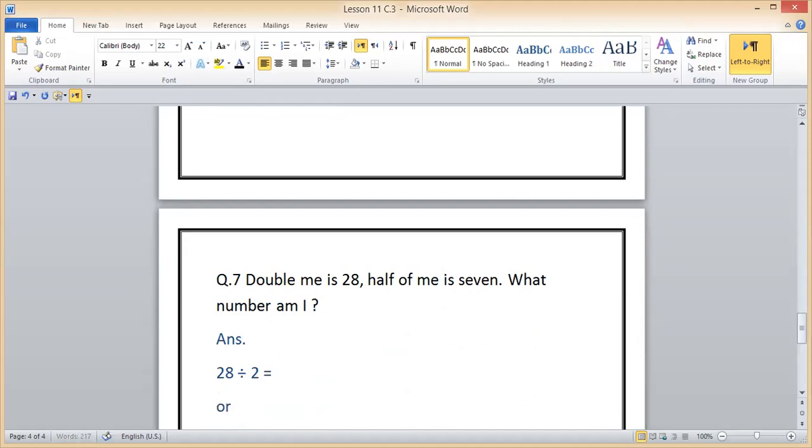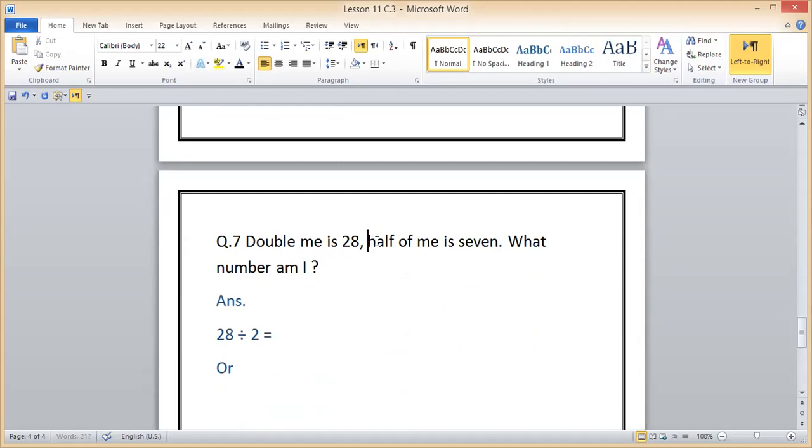Or half of me is 7. So find out the double of 7. In both ways, you can find out the answer.